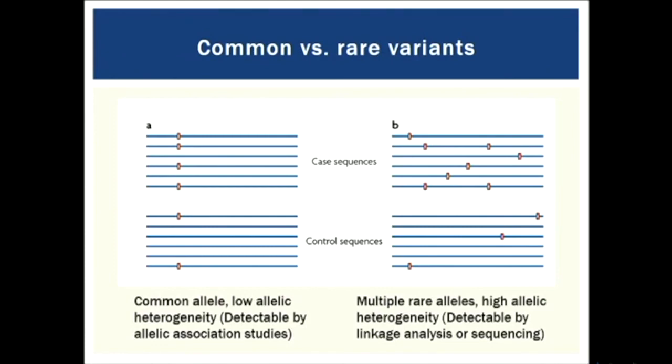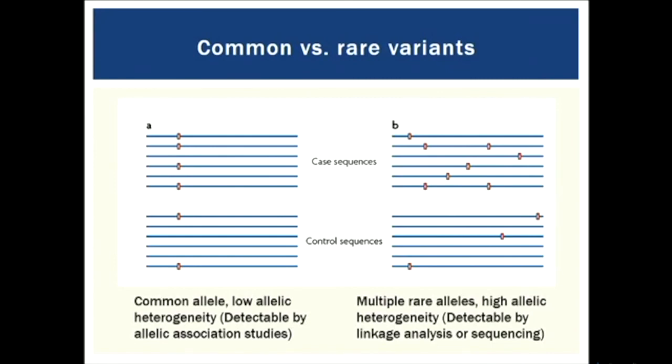On the other hand, you might have that same sequence of DNA, and a situation where there are different variants at different positions in that stretch of DNA. So each one of these by itself is rare, but there are still more of them in cases than in the controls.